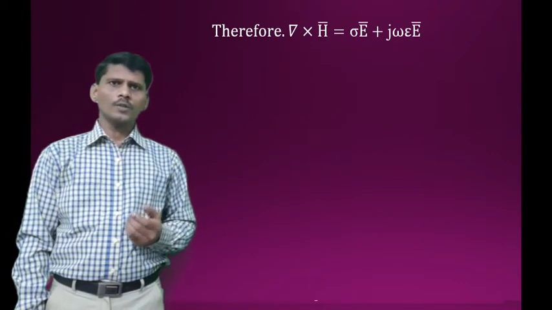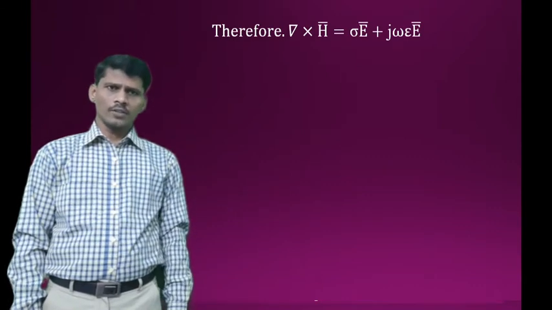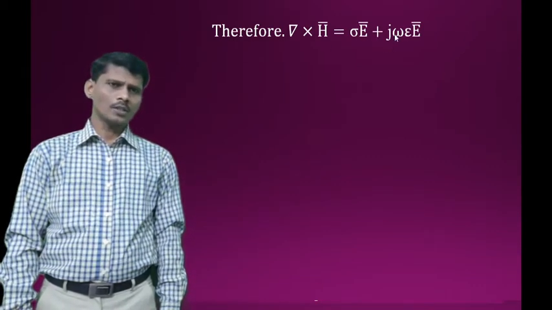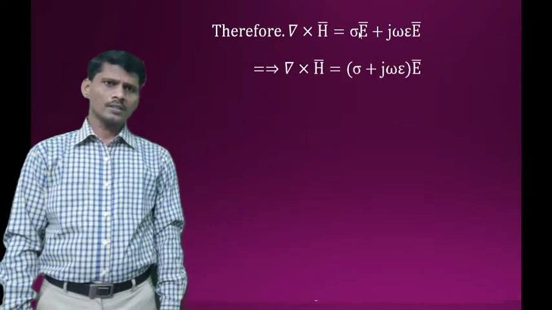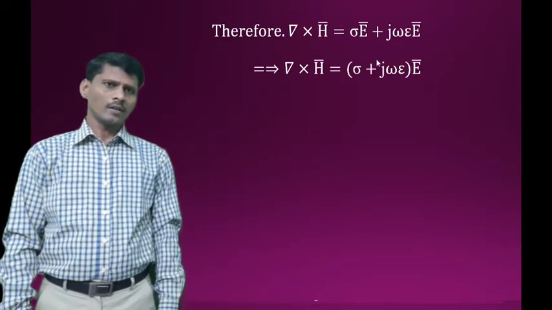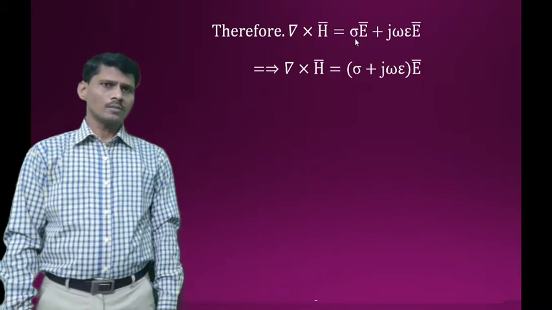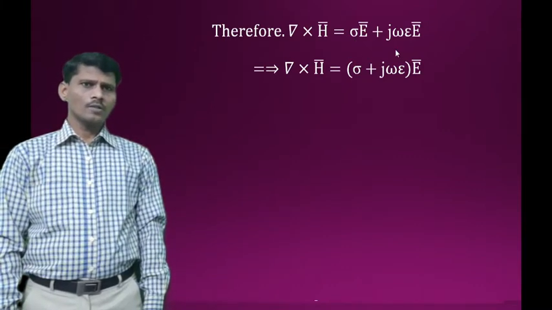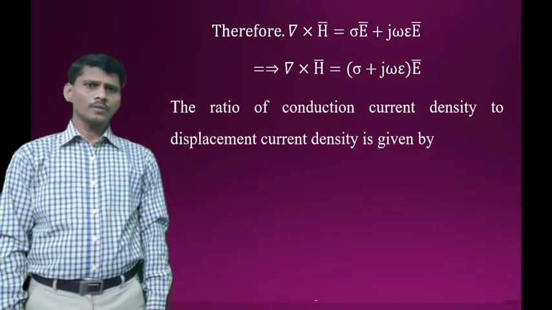But D bar is equal to epsilon into E bar. So the displacement current density Jd bar is equal to j omega epsilon E bar, and the first term is the conduction current density. On the right-hand side, E bar is common in both terms. Therefore, del cross H bar is equal to (sigma plus j omega epsilon) into E bar.